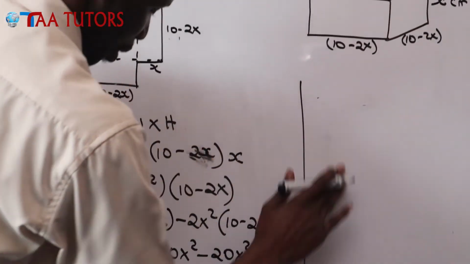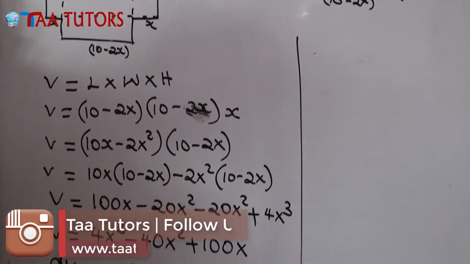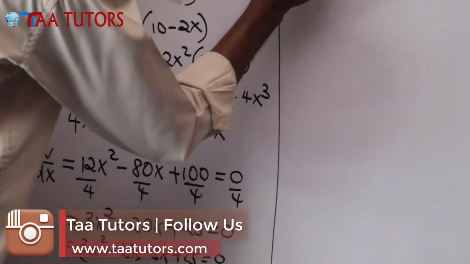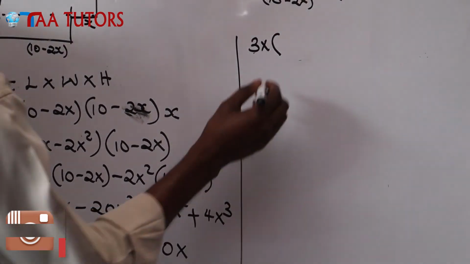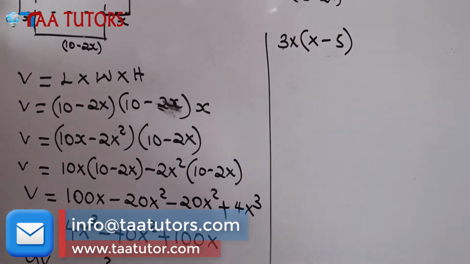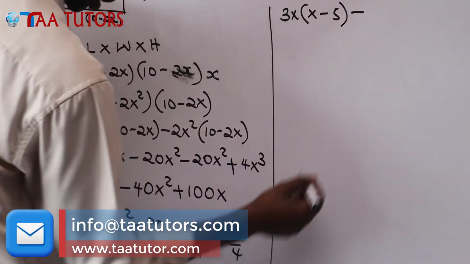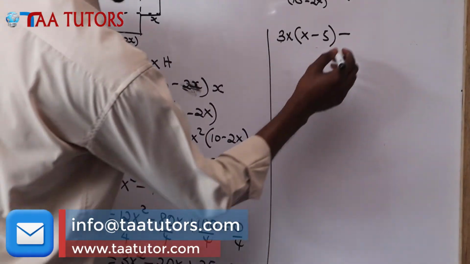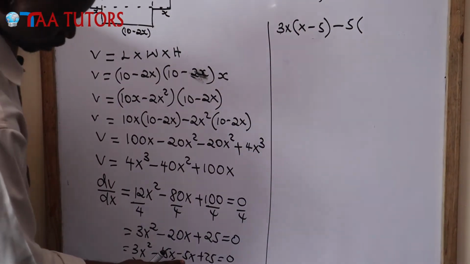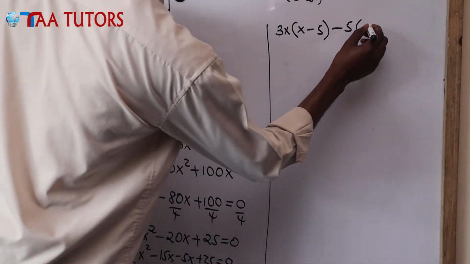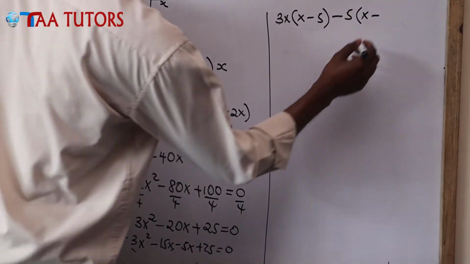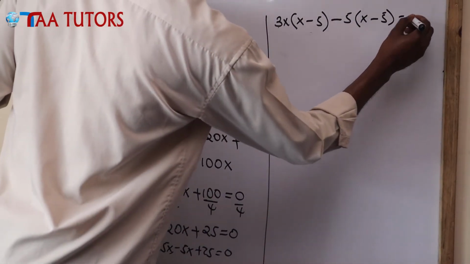So this will be 3x into x minus 5, minus 5 into x minus 5 equals 0.